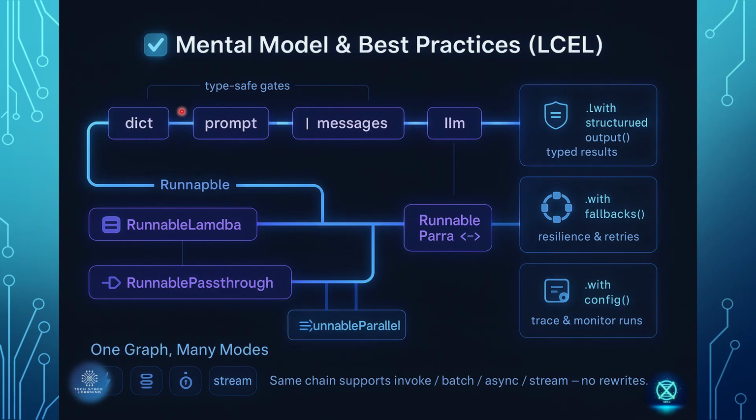Compose with the pipe symbol and drop in utilities. For pre or post processing, you can use RunnableLambda. For branching, you can use RunnableBranch, and usually preferred is structured output. These are the overall best practices you can consider.